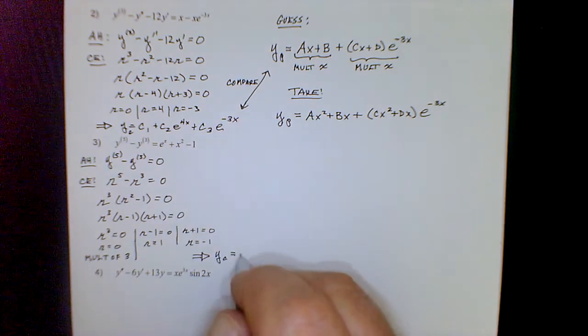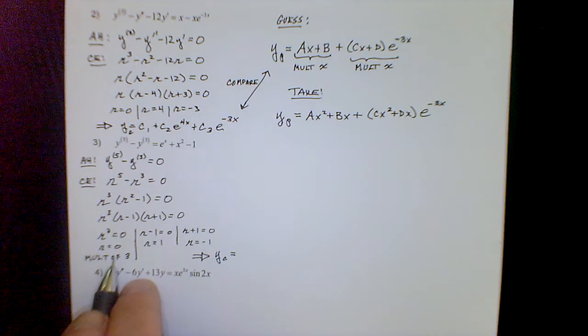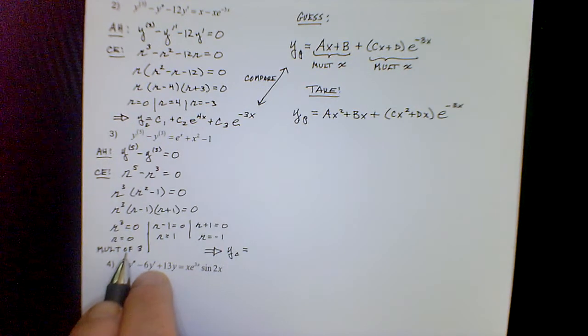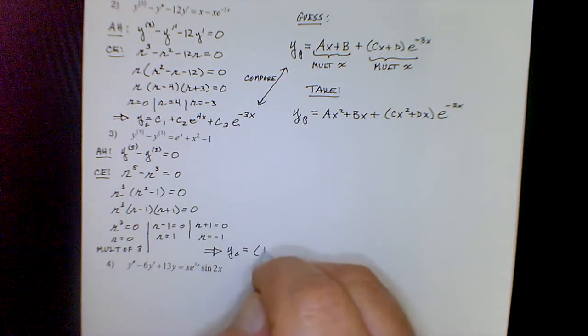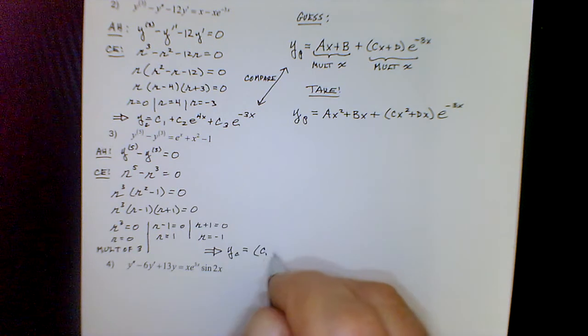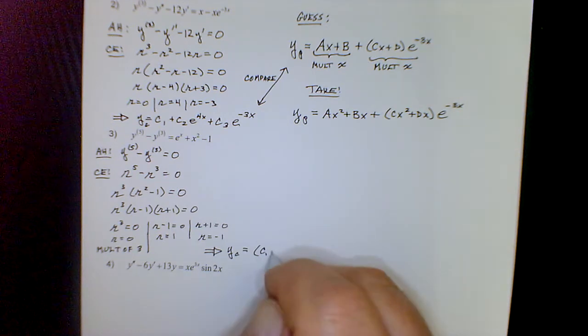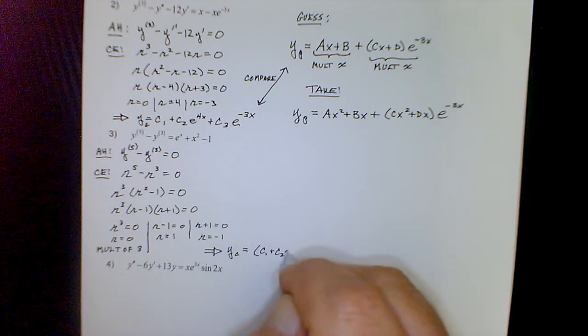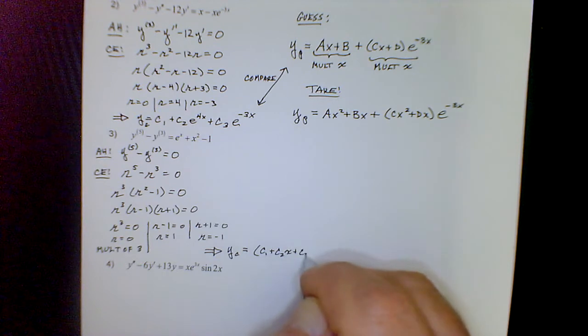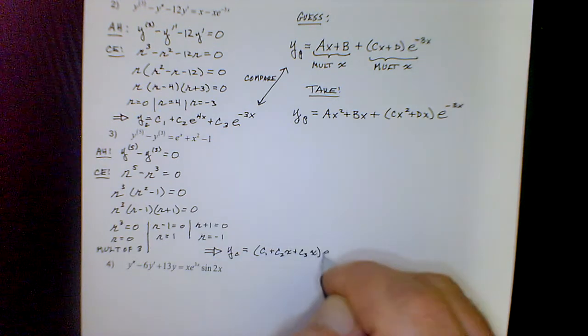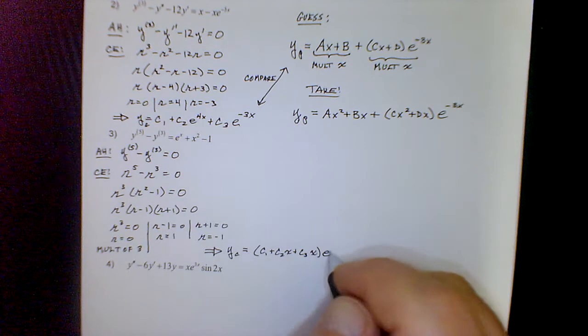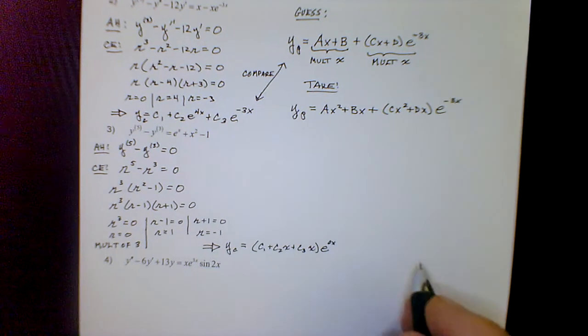remember, when we have multiple roots, we start with C1, and then we pick up an x term in each of the subsequent factors, so plus C2x plus C3x squared, and then times e to that common root, in this case 0x.